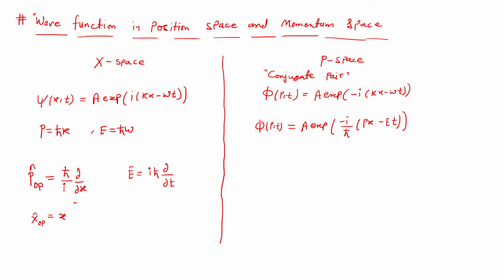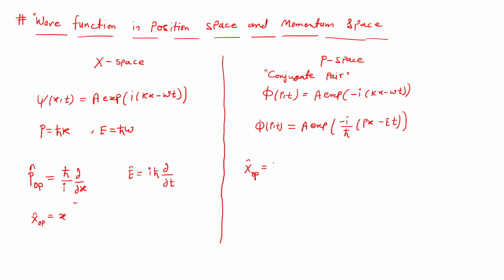But when you go to the momentum space, the p operator will remain itself as p, but the x operator will change. So what will be the x operator in the momentum space? Here you will get a conjugate pair obviously.